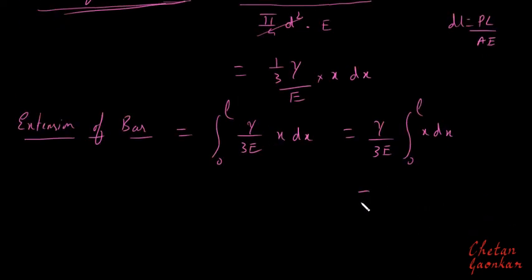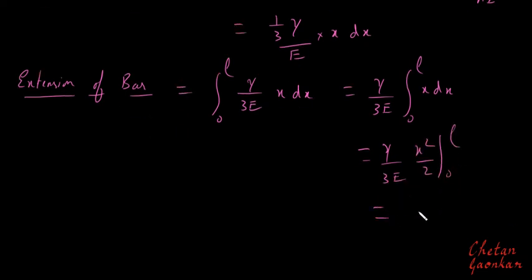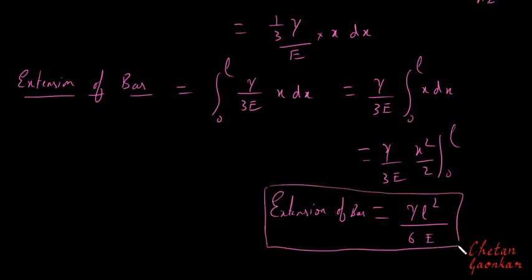Further I can integrate this as x square by 2 from limit 0 to L, and I will get gamma L square by 6E. So this is the extension of this bar when it is subjected to a self weight. So this is what I wanted to explain to you in this session.